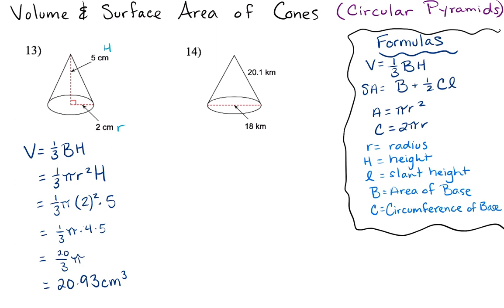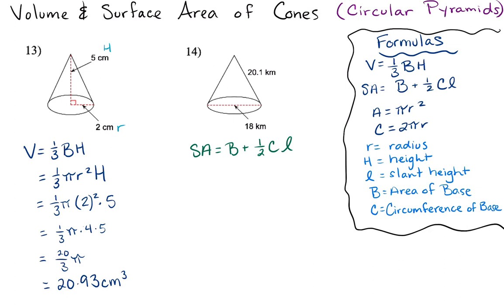Now we're going to look at finding the surface area of a cone. The surface area formula for a cone is the area of the base added to 1/2 times the circumference of the base times the slant height. B is going to represent the area of the base.